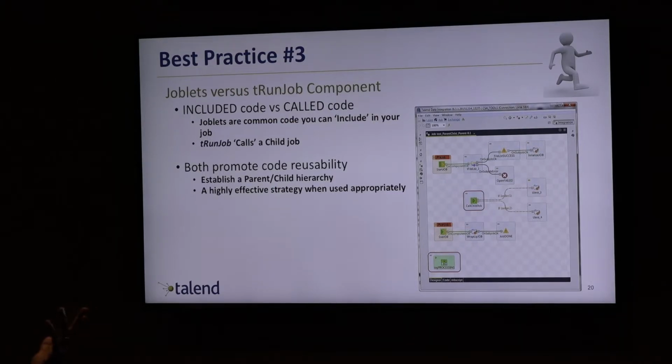A great example is log processing and also error handling. Doesn't matter if it's Talend or any other ETL tool, if you're thinking about error handling, it has to be a common way. You cannot have different error handling ways for different jobs. You have to build one centralized way to do error handling, and use it in each and every job. All you do is take it and put it in there.